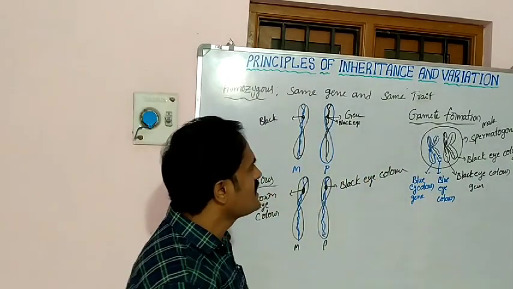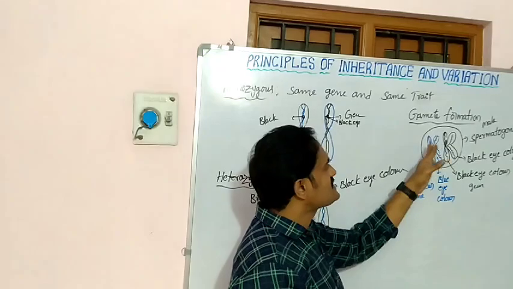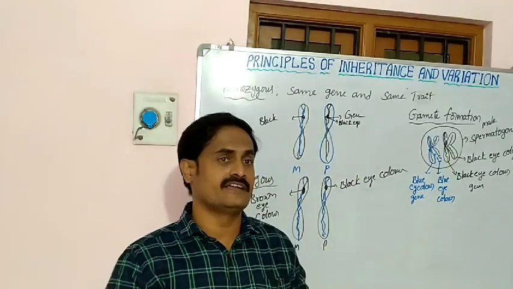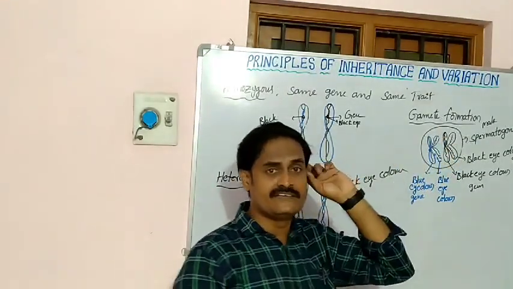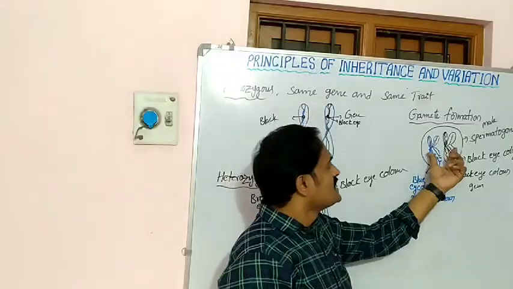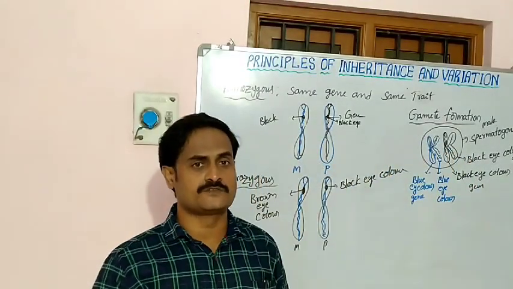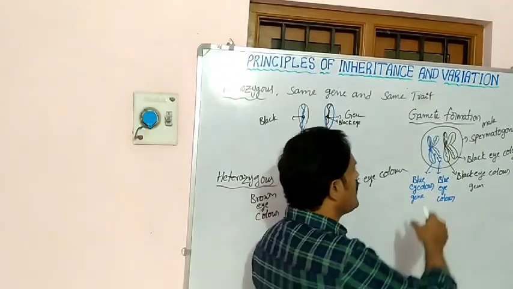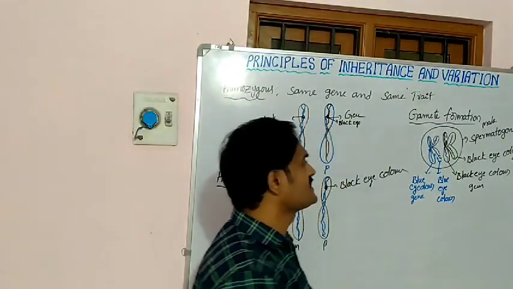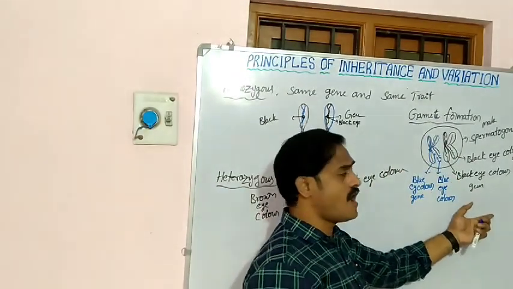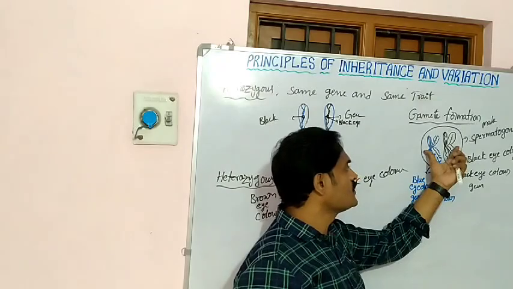Once the cell starts to divide and participates in cell division, the chromosomes are given to their offspring. Let us see what kind of characters we will see in the offspring.